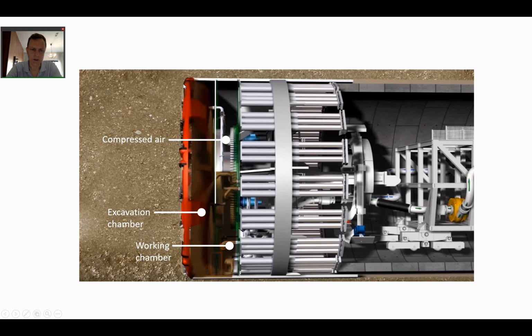So the way it works is that the machine grinds away at the material, which then finds its way, soil grains find their way into the excavation chamber, and they are then dissolved or suspended in the slurry, and the slurry is pumped out, and a new bentonite is pumped in.